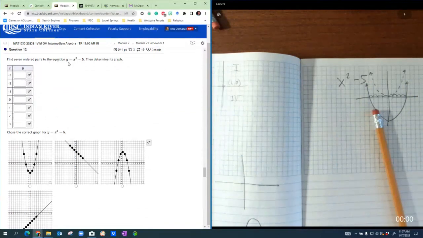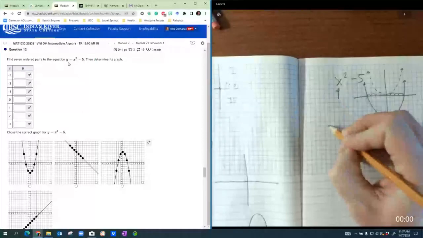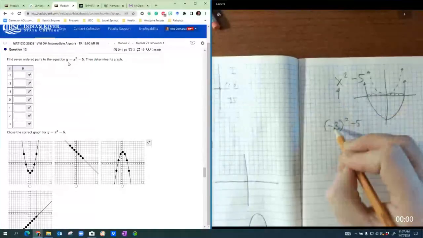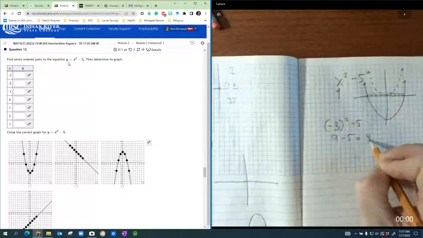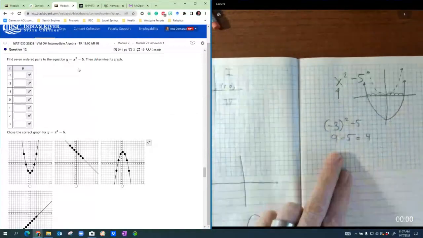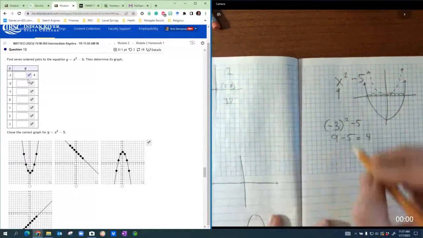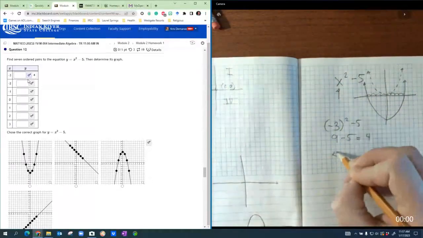So if I put in -3 in here, for example. -3 is going to be squared, by the way, -3 squared is 9. 9 minus 5 is going to give us 4. So I get -3, 4. And that's where the coordinate point rests right here. All right. Now, if I put in -2, -2 squared is going to be 4.